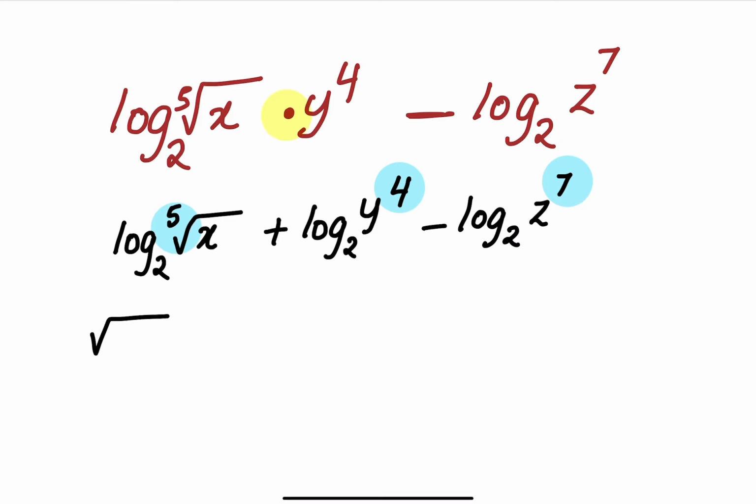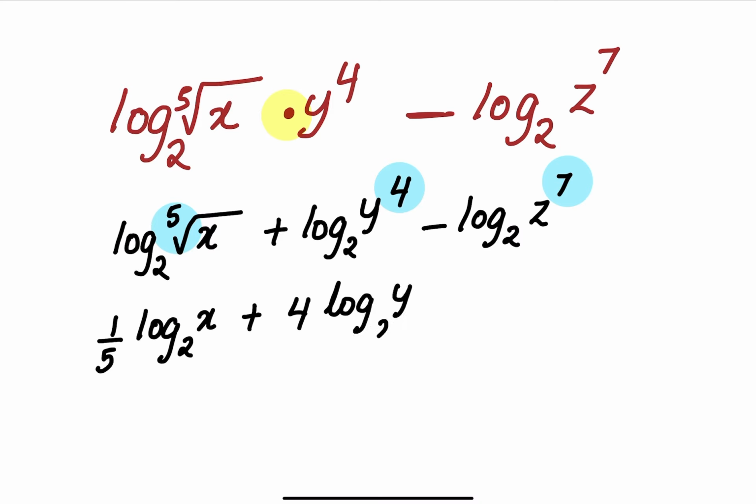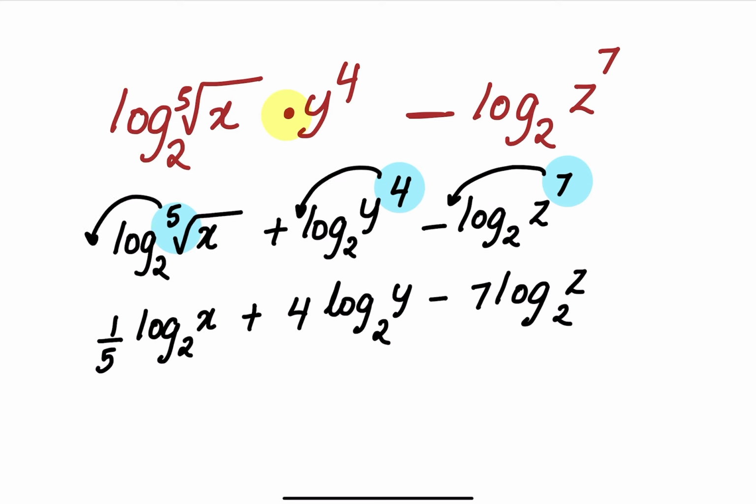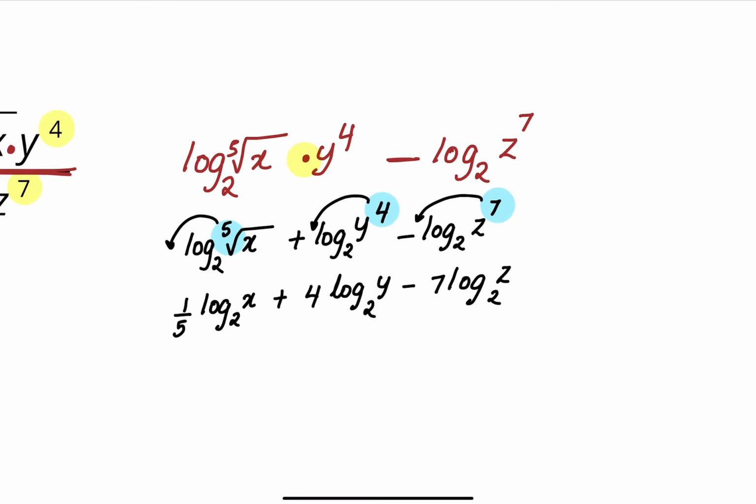Remember, I cannot write radical 5. I have to write it in terms of a fraction. So radical 5 in terms of a fraction is 1 over 5 log x base 2 plus 4 log y base 2 minus 7 log z base 2. So your powers should always get kicked right up in the front. Okay?